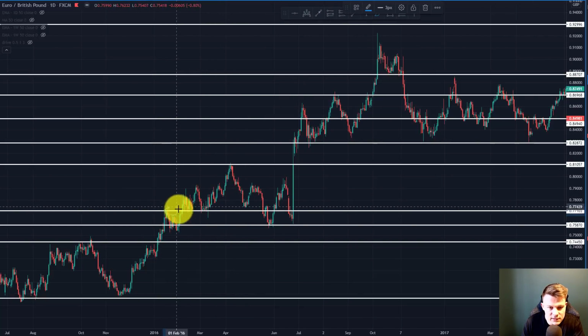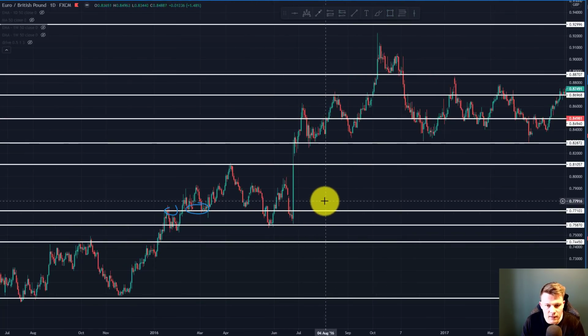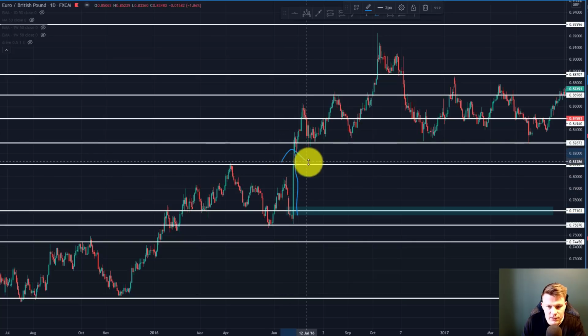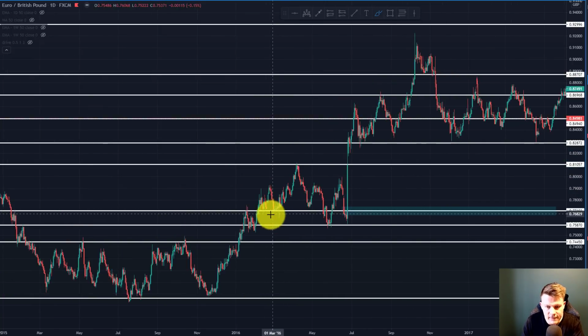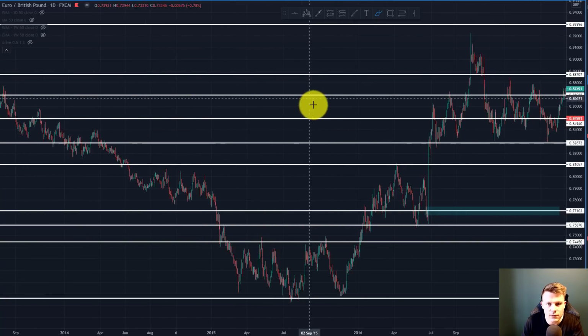You can see we have resistance, support, support here, and then we overshoot it a little bit, but there's also going to be a huge demand area in here. So we can leave it on. I will draw my demand here so that I don't forget what this is. If you don't know what supply and demand is, watch my latest video or the video before that, where I talk about supply and demand. And the other level, this is good, we can leave it on, and this one as well. So okay, cool, that's good.